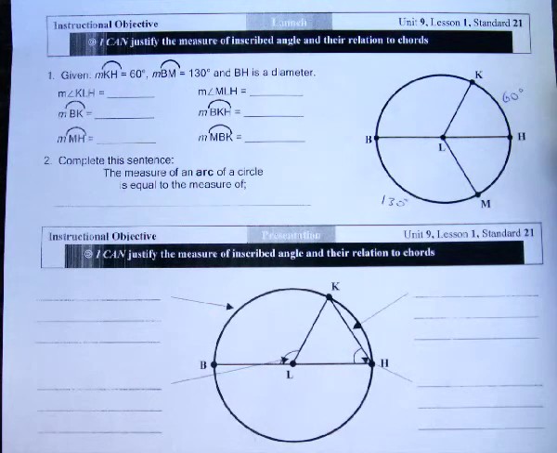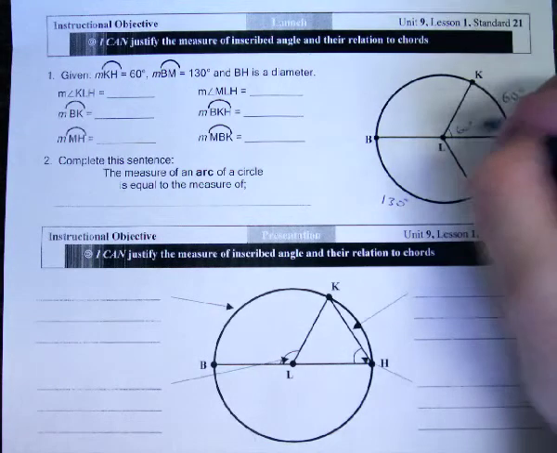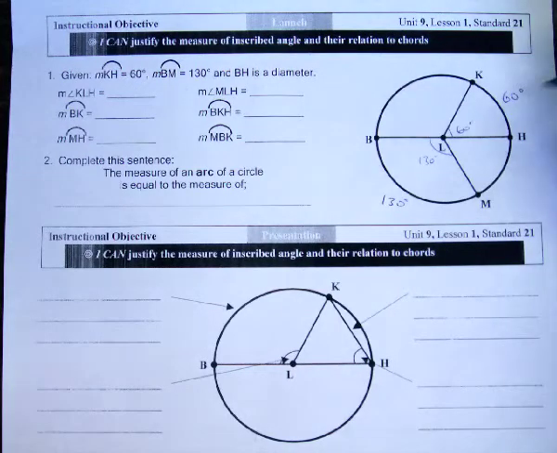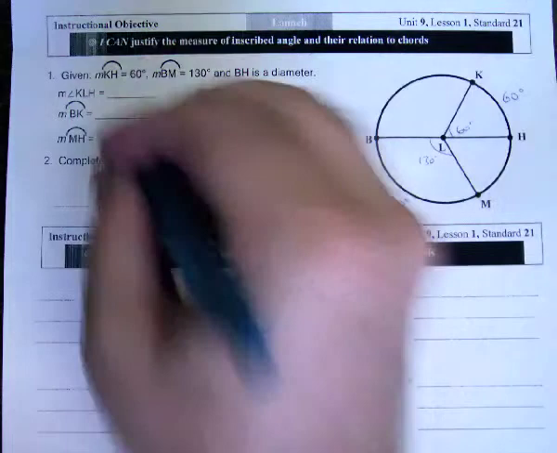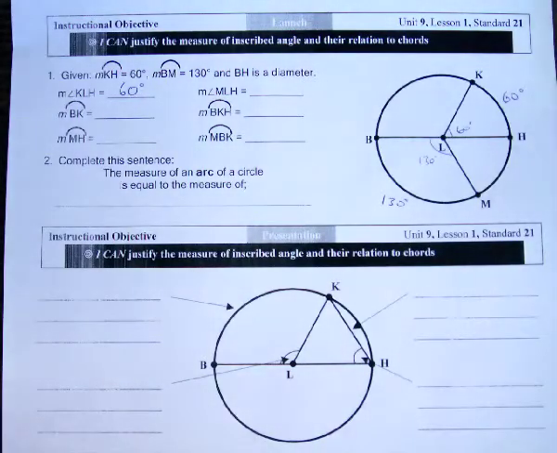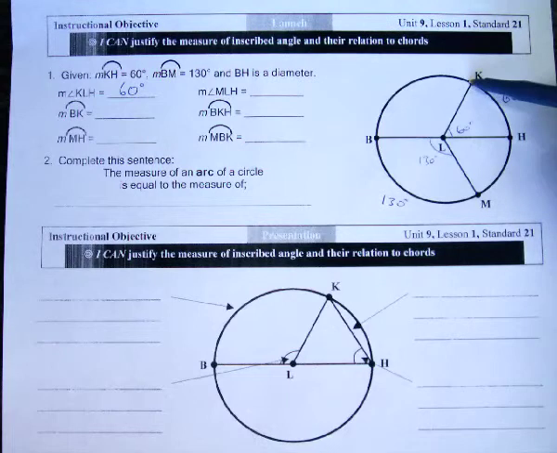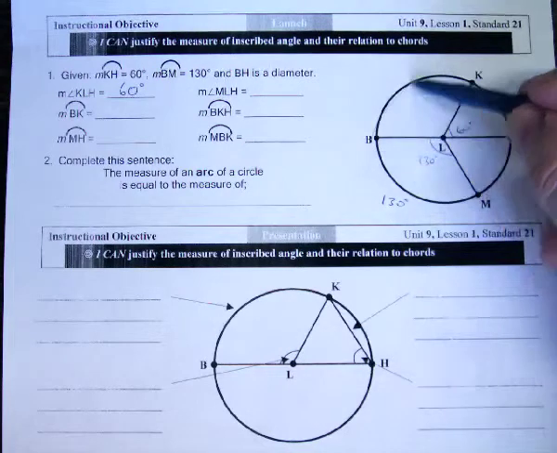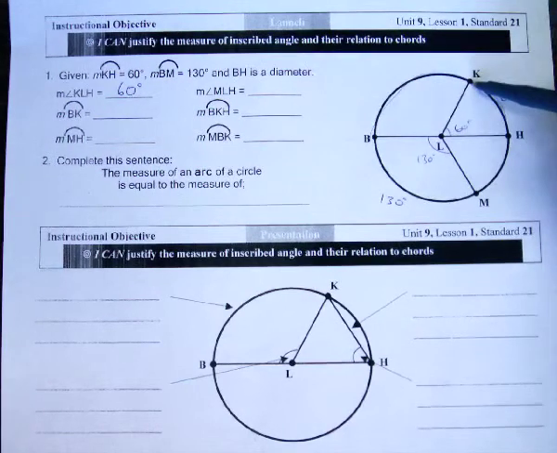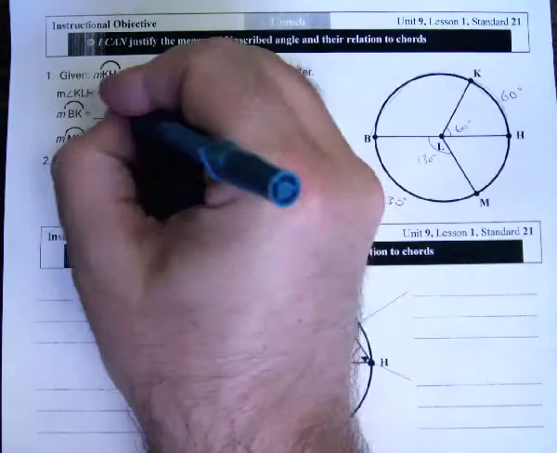And that means that this angle is 60 degrees and this angle is 130 degrees. So the measure of KLH, 60 degrees. The measure of BK, well, this is all 180. So if we take away 60, this will be 120 degrees.